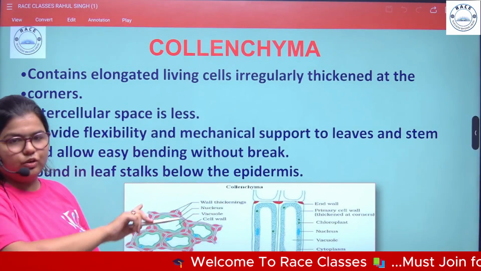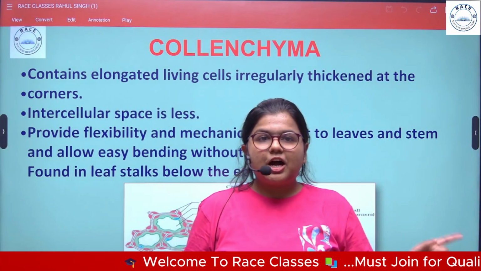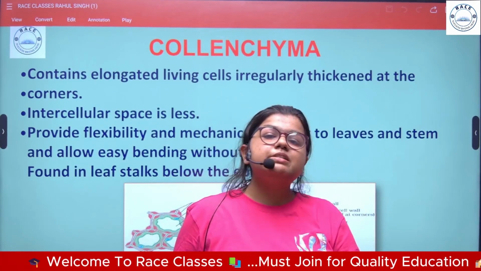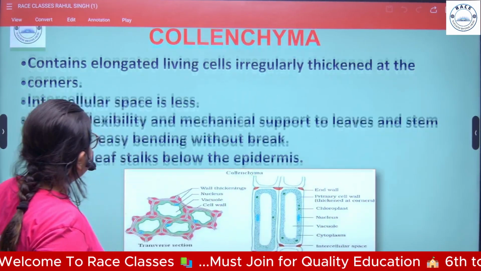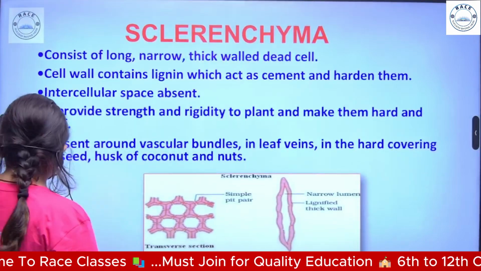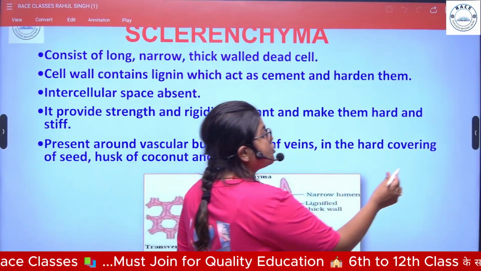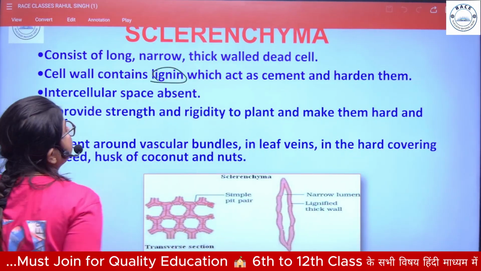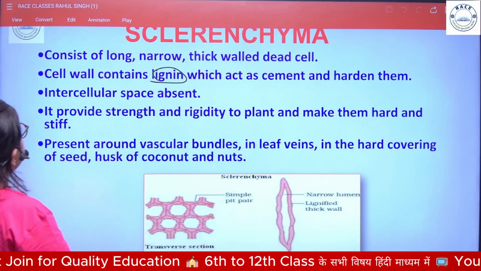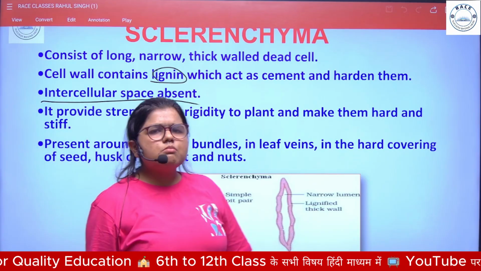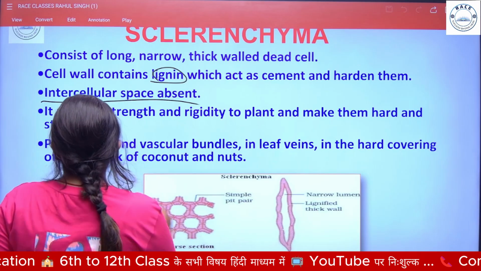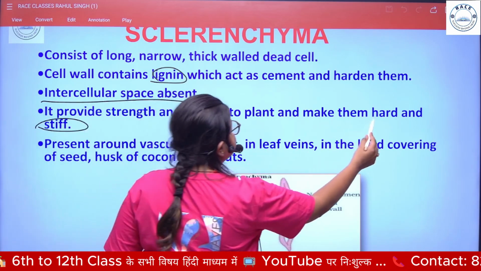The corners of collenchyma are thickened due to hemicellulose and pectin, not lignin. But when we talk about sclerenchyma, the corners are thickened due to the deposition of lignin, which acts as cement and hardens them. Intercellular space is almost absent, and it provides strength and rigidity to plant and makes them hard and stiff.